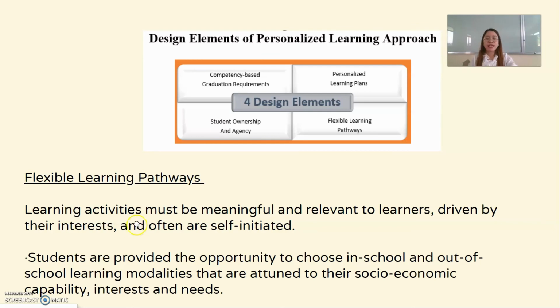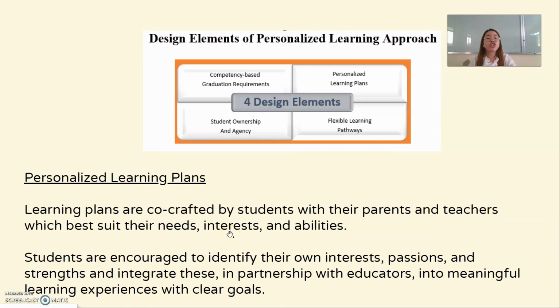Okay? And then next is the personalized learning plan. Since the learning plans are co-crafted by the students with their parents as well as their teachers, of course we can already assess what their needs, abilities, and interests are. So we have to design activities based on what they have told us about their interests and needs.